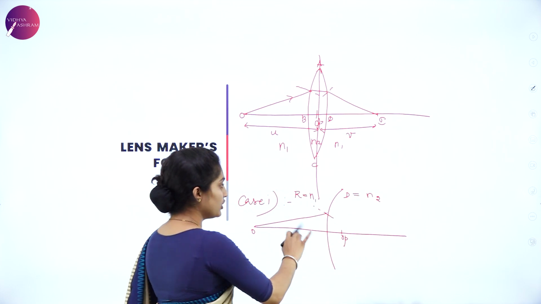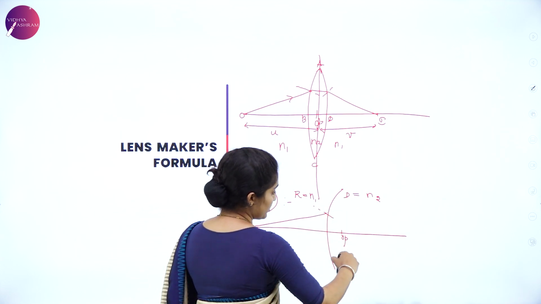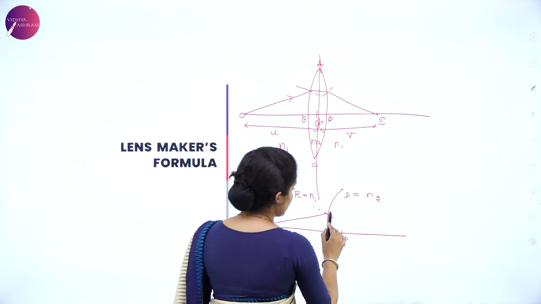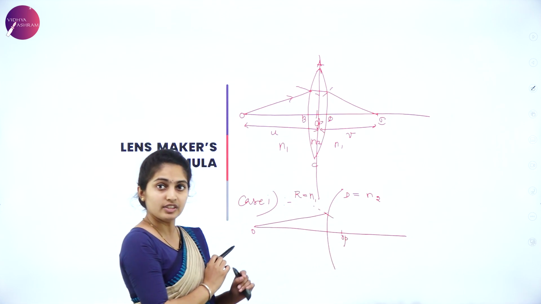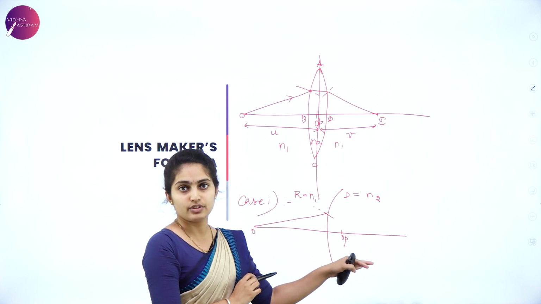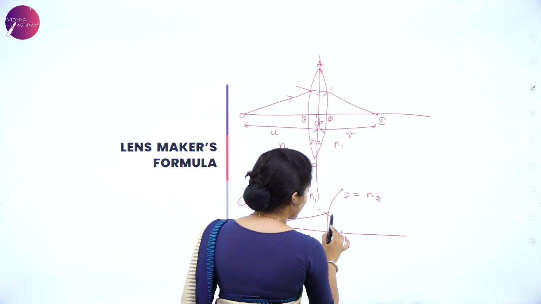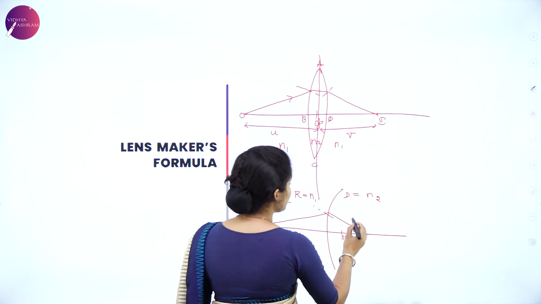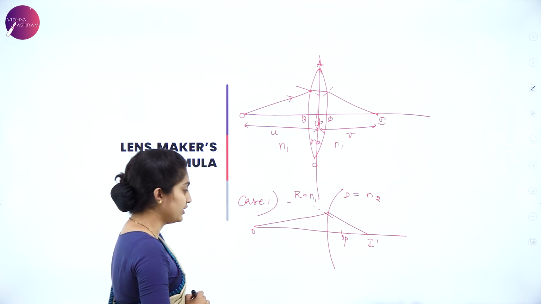From N1 to N2 when the ray falls, there is only one deviation because we are considering a single spherical surface. It is not two deviations that happen here. When the ray goes from rarer to denser, the deviation is towards the normal, so it comes out like this. Consider this as I dash, because we already have I here.